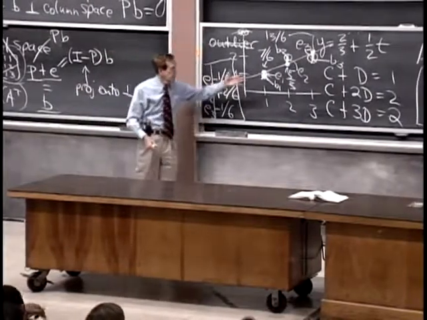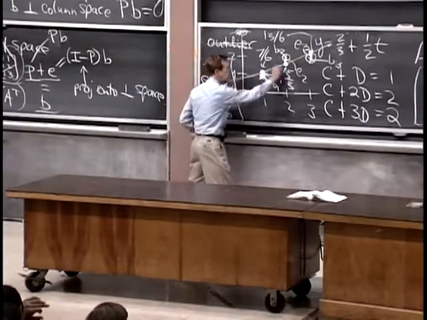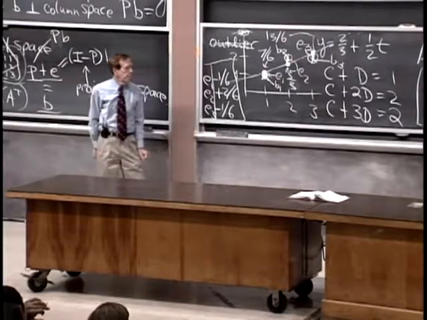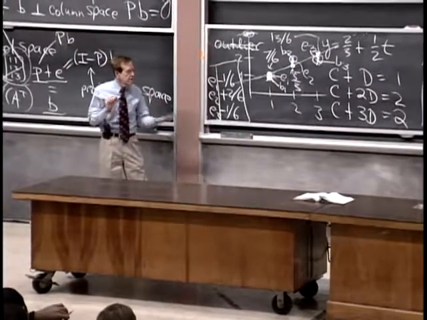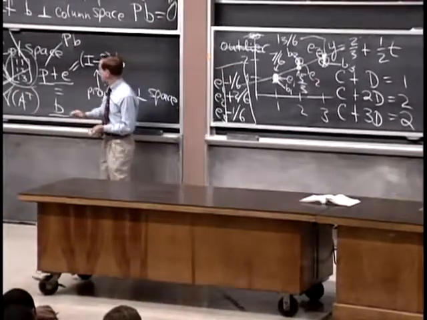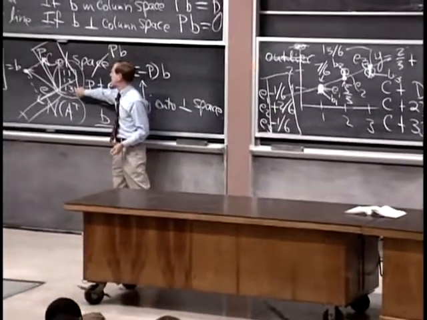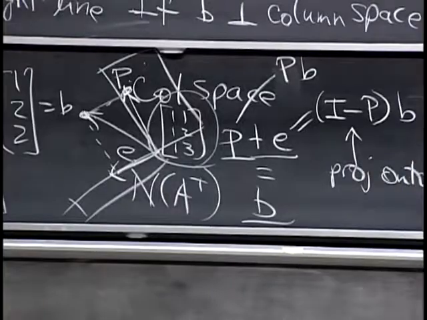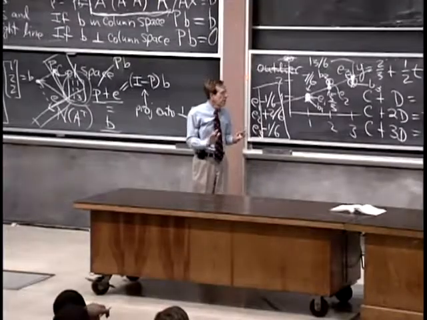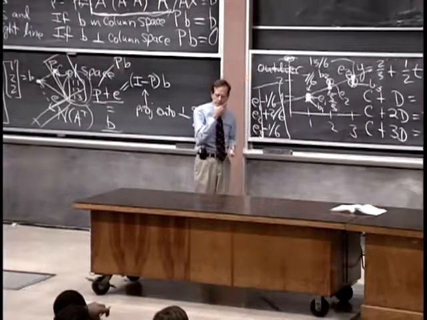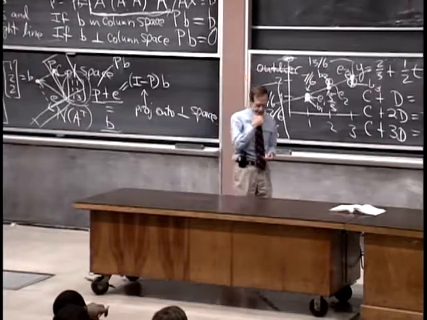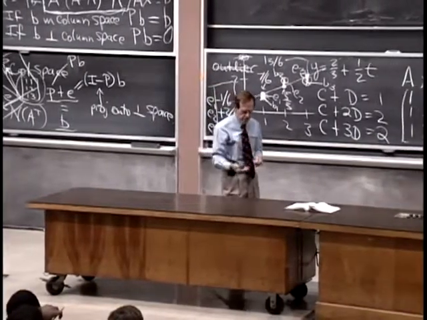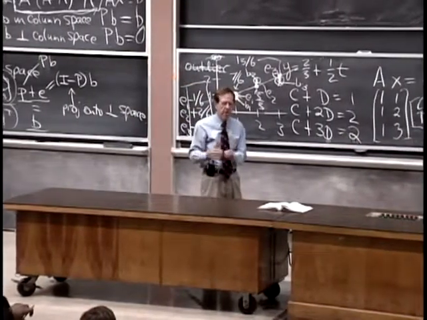In this picture, C and D determined that line, but the two are exactly the same. C and D is the combination of the two columns that gives P. Okay, so that's least squares. And the special but most important example of fitting by straight lines.